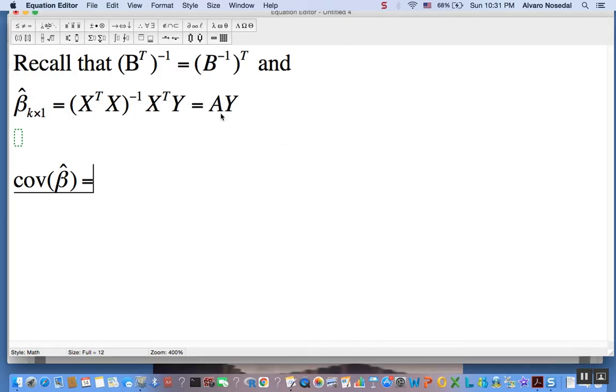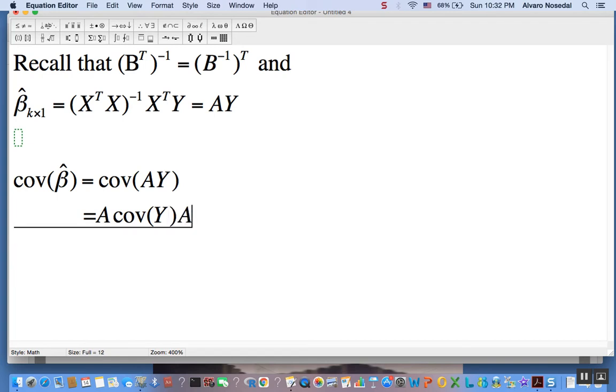So we have here the covariance of A times Y, but by our proposition, what we have there is just A times covariance of Y times A transpose.